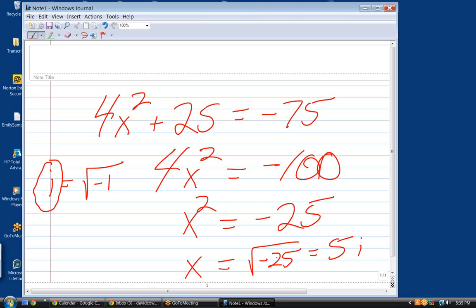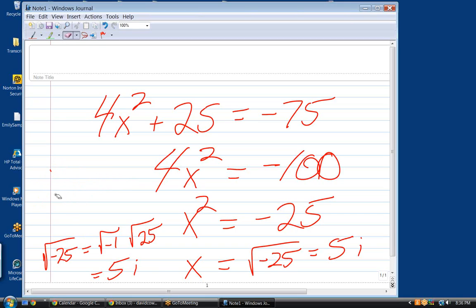You can always take the square root of minus 25 and turn it into the square root of minus 1 times the square root of positive 25. Well, that's i, and that's 5. So you end up with 5i.